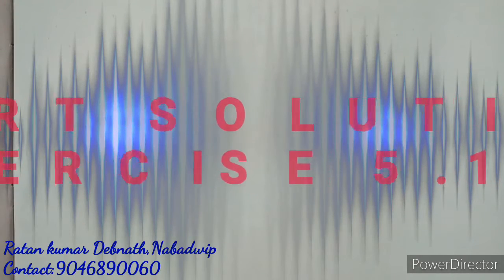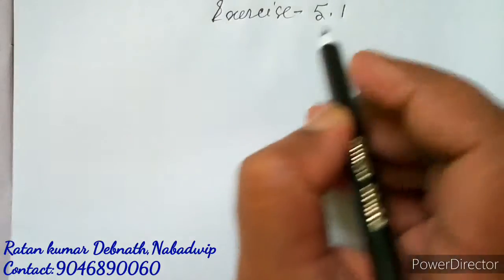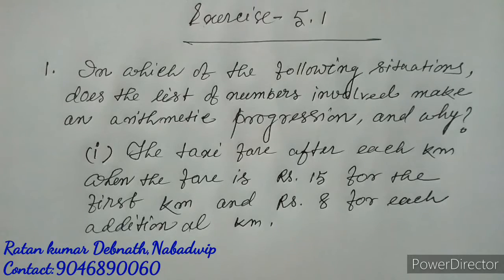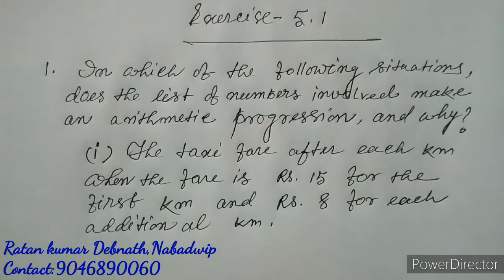Now we will solve from the NCERT book, exercise 5.1. In the first question, 4 situations are given here. You have to tell whether it is an arithmetic progression or not. If it is an arithmetic progression, why?